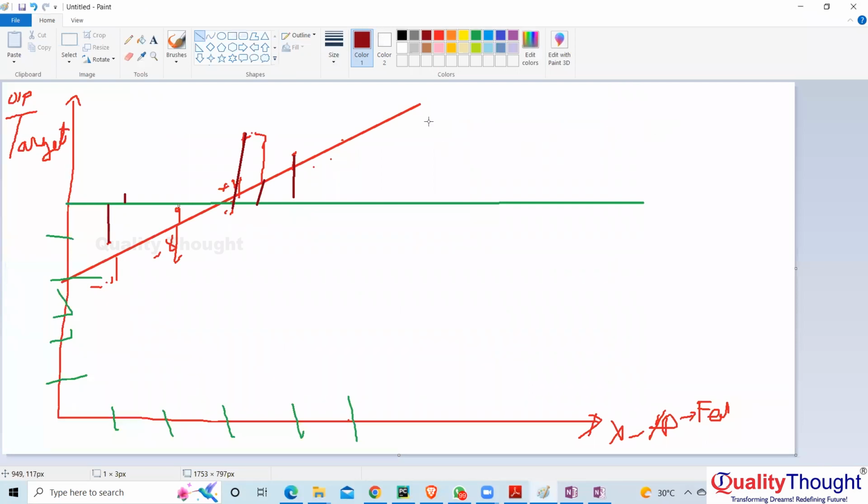So now tell me, the sum of the total distance will be higher for the average line or for the regression line? If I add all the distances with respect to the average line and with respect to the regression line.